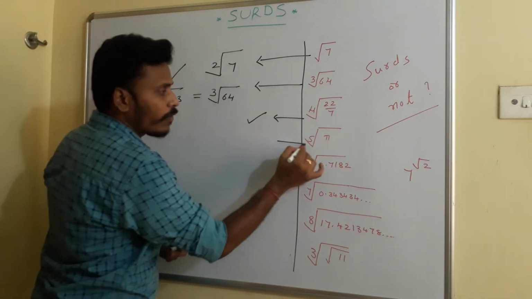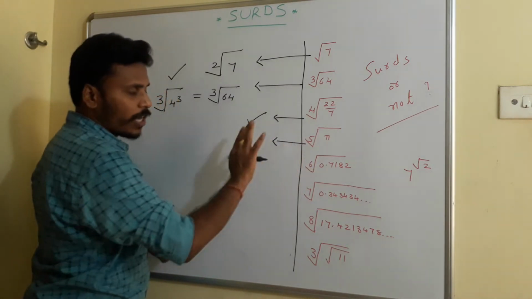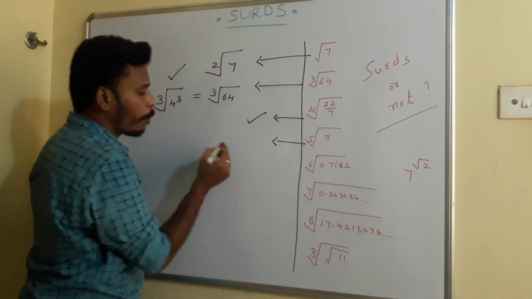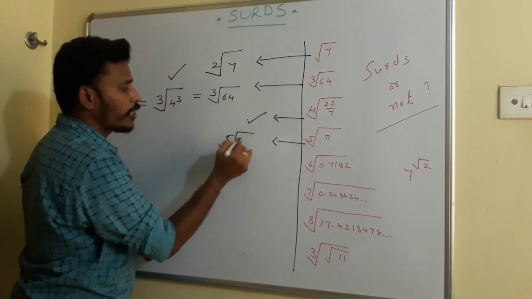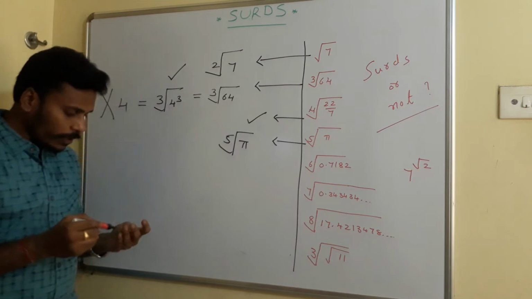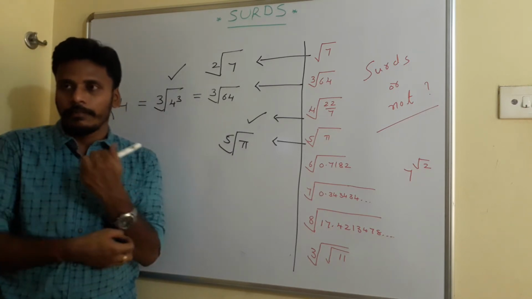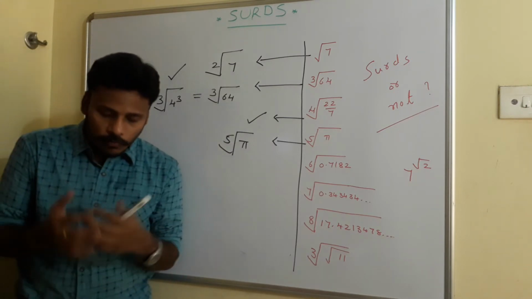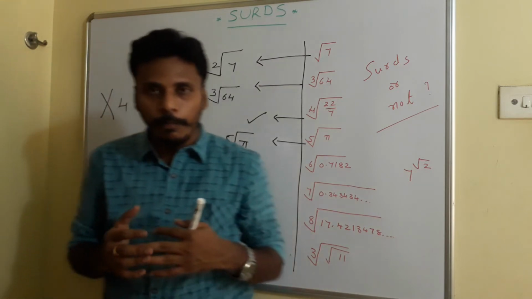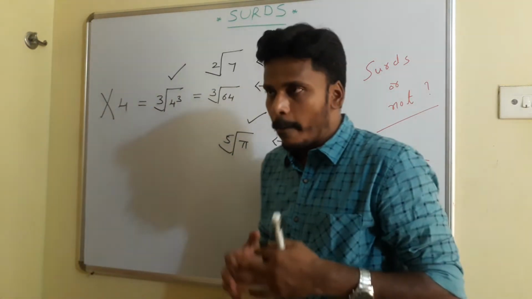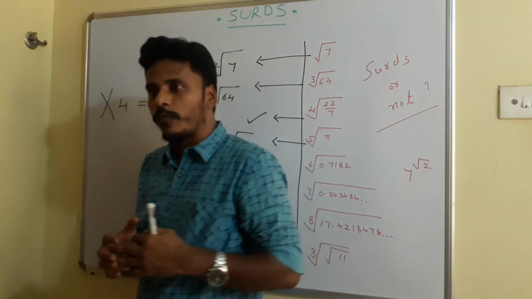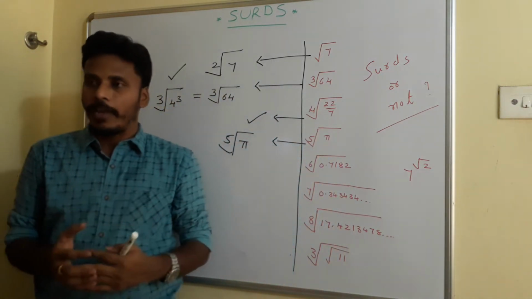Right? When coming for the fifth root of pi. 5 is natural, no problem there. And then what is pi? Fifth root of pi I mentioned here. What is pi? See, pi is an irrational number. So usually to solve the problems, we will consider the value of pi as 3.14 or 22 by 7. But 22 by 7 and 3.14 are not the exact values of pi.